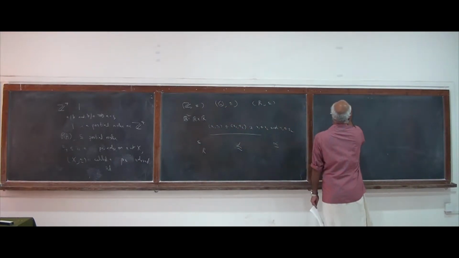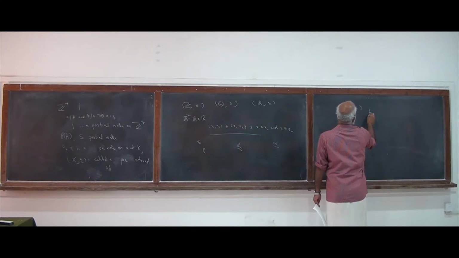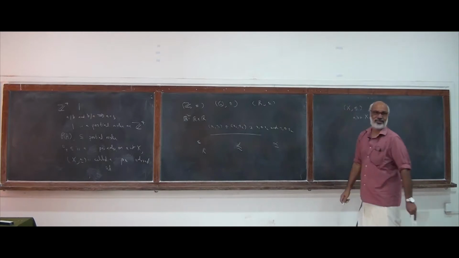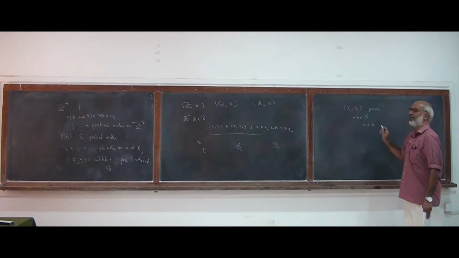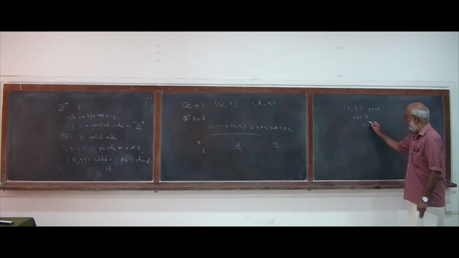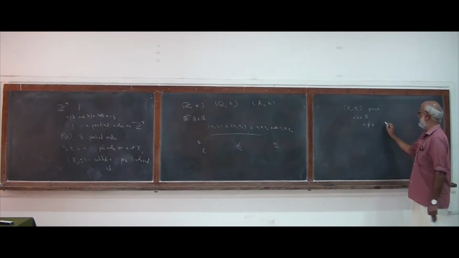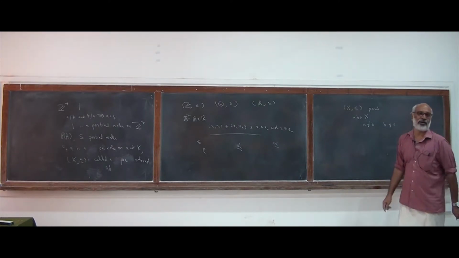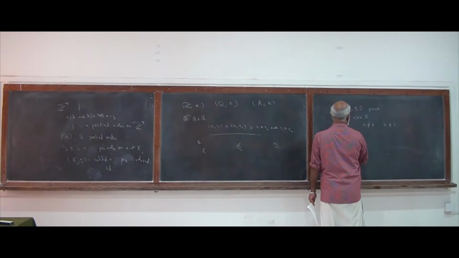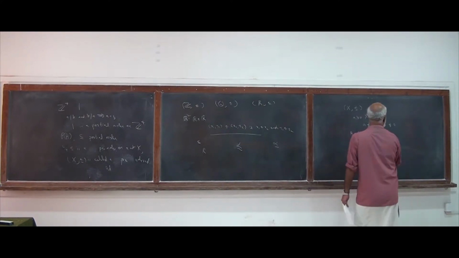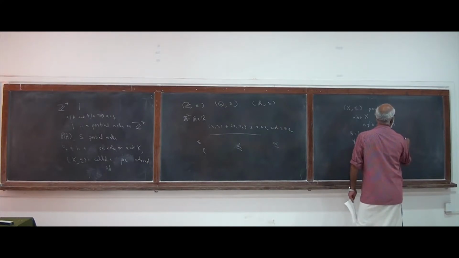Now, suppose (X, less than or equal to) is a poset, and suppose A and B are elements of X. Then it can happen that both these statements are false: A is not less than or equal to B, and B is not less than or equal to A. For example, take A equal to {a, b} and X as the power set of A. Then take two sets, singleton a and singleton b.